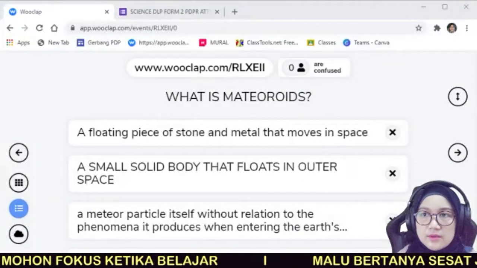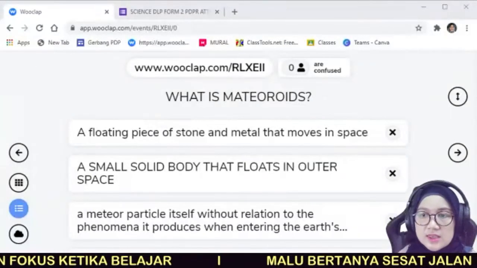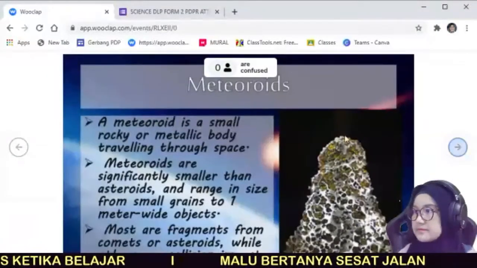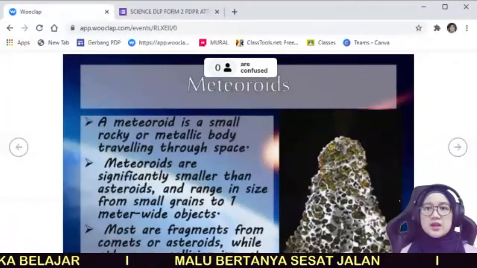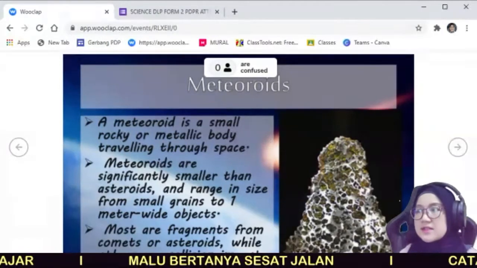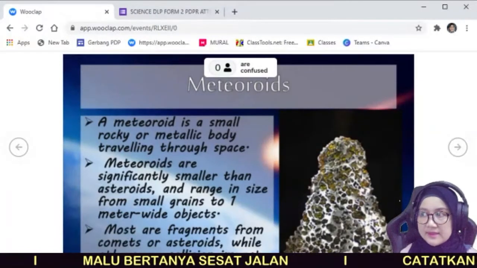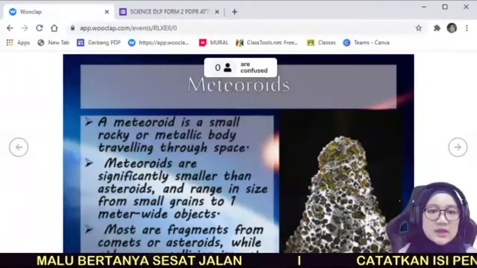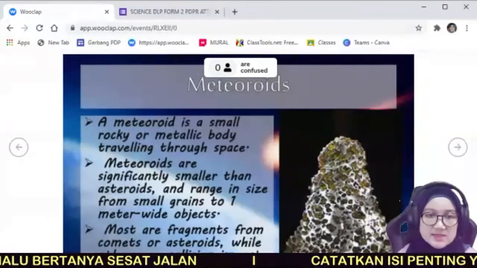Now we are going to see the next slide. What is a meteoroid? A meteoroid is a small rocky or metallic body traveling through space.